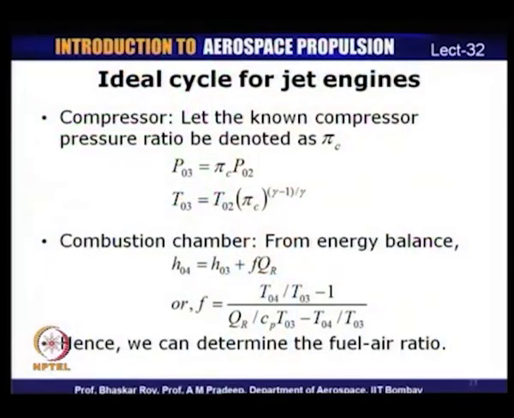And in the combustion chamber, we need to find out what is the fuel flow rate that is being added in the combustion chamber. So, we will basically carry out an energy balance.